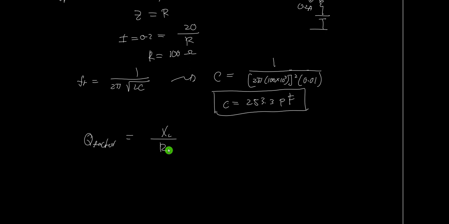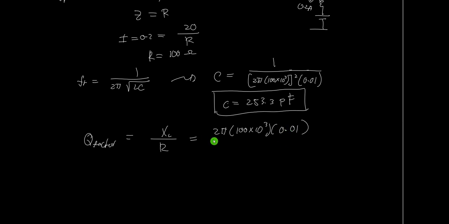And what is XL? XL is just equal to 2 pi times the frequency. And the frequency is 100 kilohertz. So 100 kilohertz times what's the inductance? And that is 10 millihenry. So 100 times 10 to the 3, then 0.01.